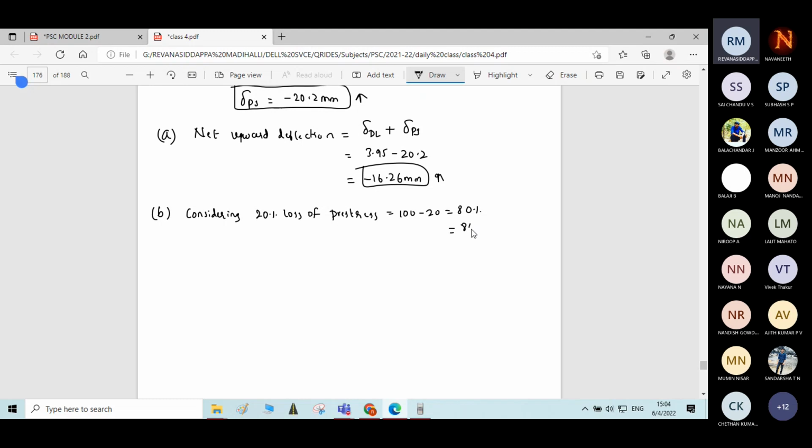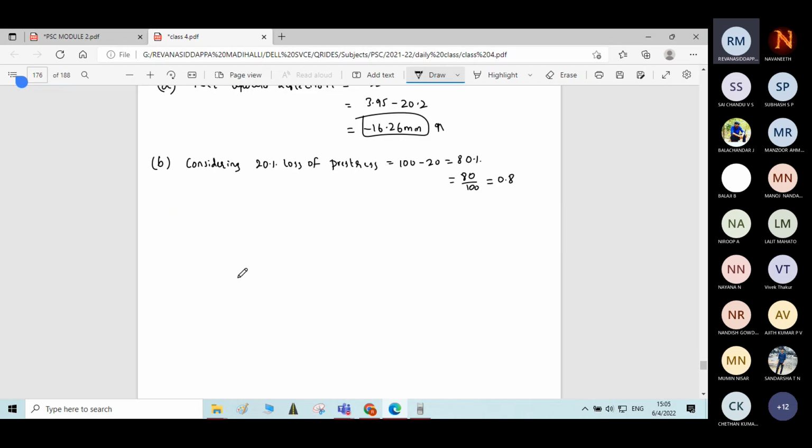Nothing but 80 by 100, you will get 0.8. So you need to calculate the deflection due to 80% of the prestressing force. If you calculate deflection due to 80% of the prestressing force, you will get 80% of the obtained value. So directly calculate 80% of it, that will be the deflection due to 80% of the prestress. Okay.